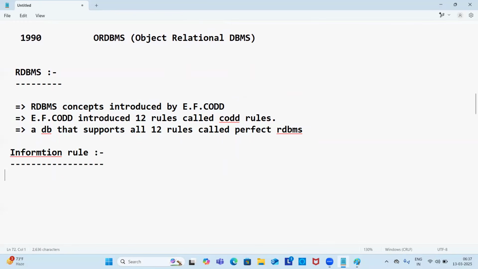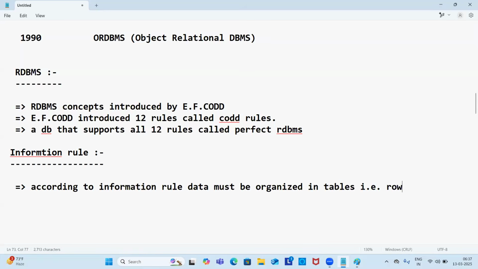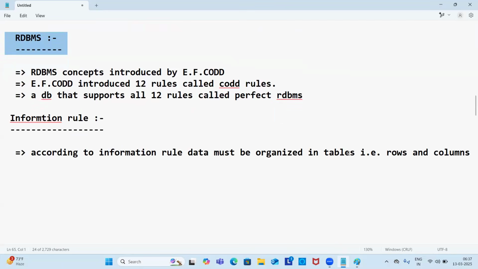According to the information rule, the data must be organized in tables, that is, rows and columns. So if you are using an RDBMS, inside the database you organize the data in the form of tables, rows and columns.